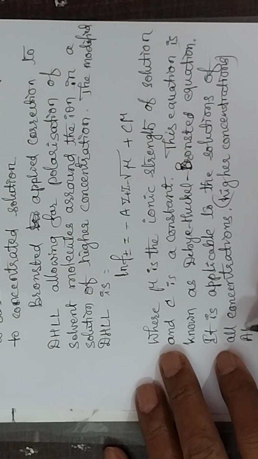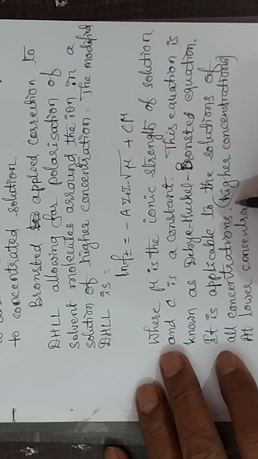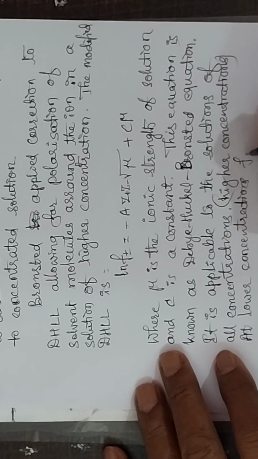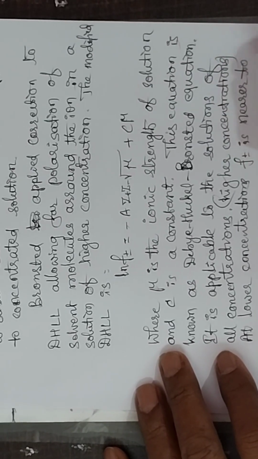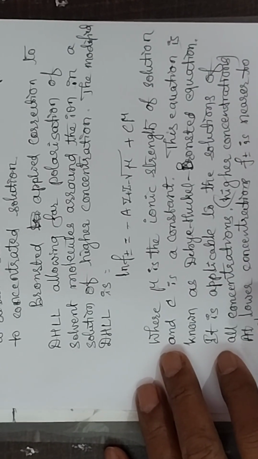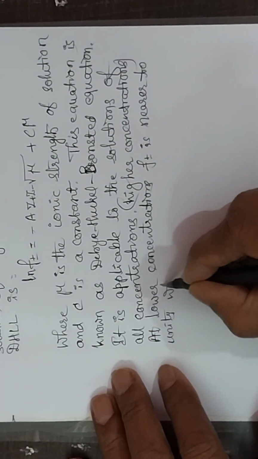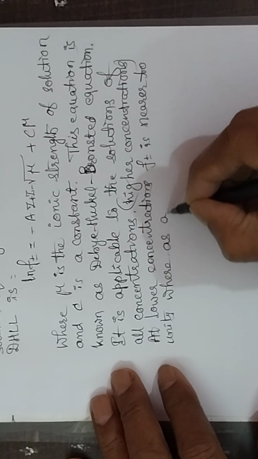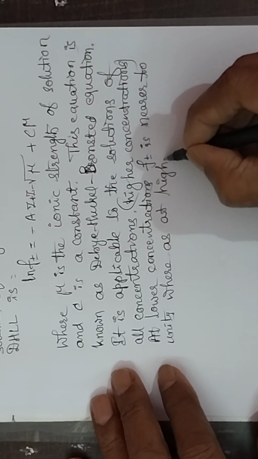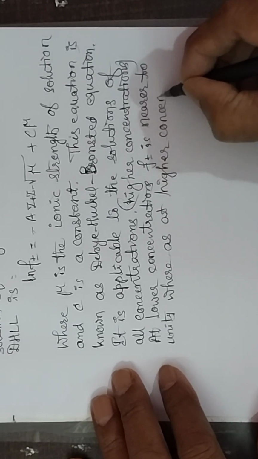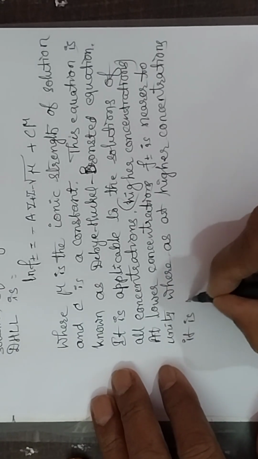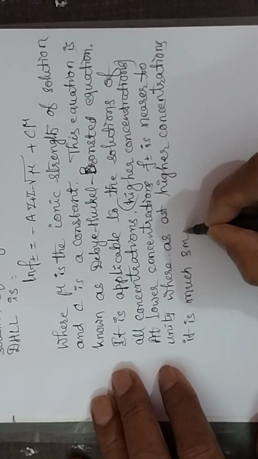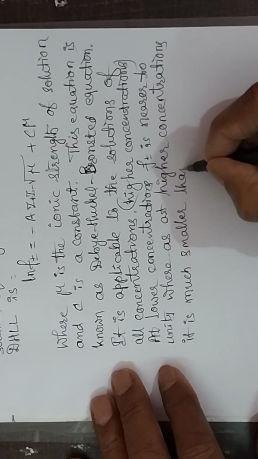At lower concentrations, f plus or minus is nearer to unity, whereas at higher concentrations it is much smaller than unity.